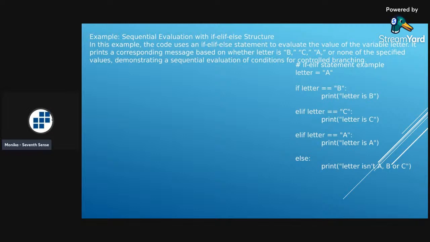Here we have letter equals A. If the letter is equal to B, it should print the letter is B. If the letter is equal to C, print the letter is C. If the letter is equal to A, print the letter is A. Else it should print the letter isn't A, B or C.